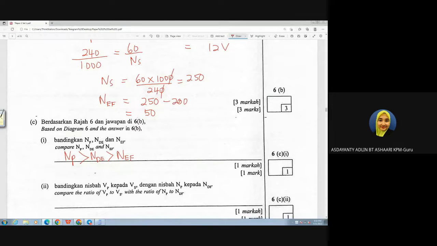Okay, the ratio. Why is the answer the same? You calculate the ratio first. So VP to VS, what is the ratio? VP the value is 240, V secondary 60. 4 to 1. Both 4 to 1. Right? Okay, 4 to 1.